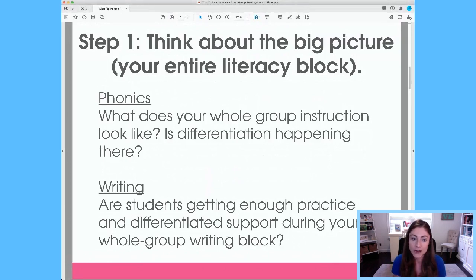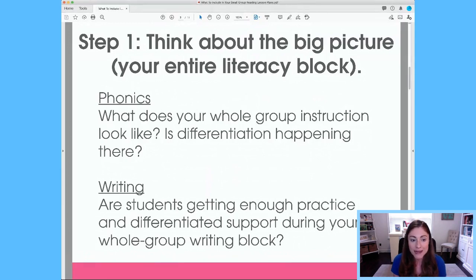Is differentiation happening there? If I have time, I love to teach some phonics small groups. So then if I have reading small groups, and again, this all depends on the grade level, right? With kindergarten, I really merge reading and phonics small groups, and I don't feel like I need to have two separate times in the day, but you could have some differentiation, some small group phonics instruction already happening.